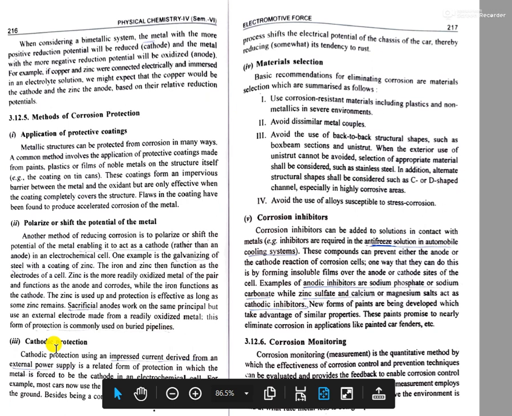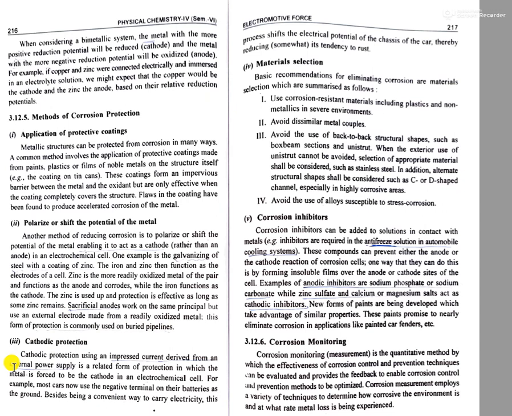Then there is a third method for corrosion protection, that is cathodic protection. Let us see what this is. Cathodic protection using an impressed current derived from an external power supply is a related form of protection in which the metal is forced to be the cathode in an electrochemical cell.